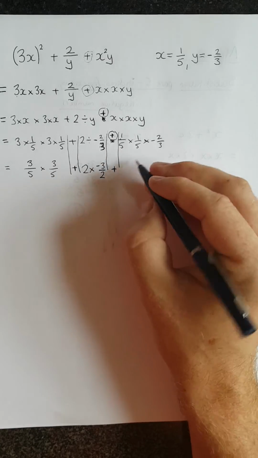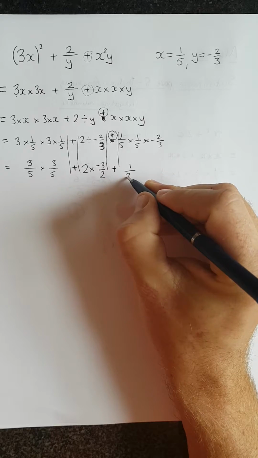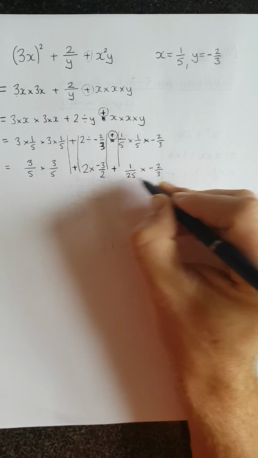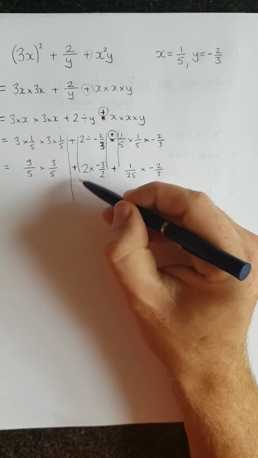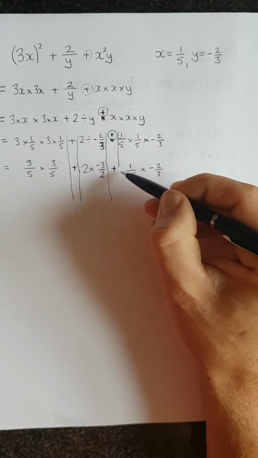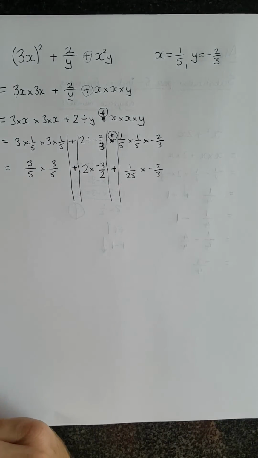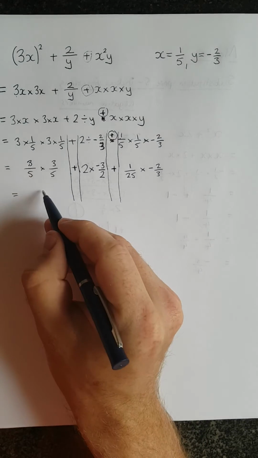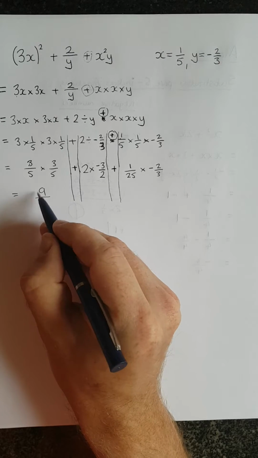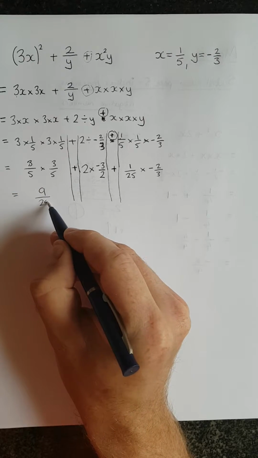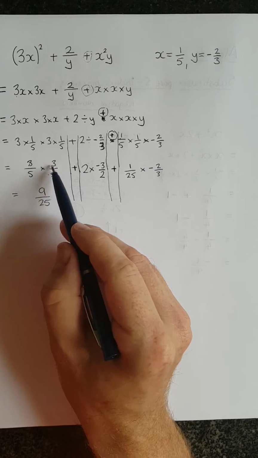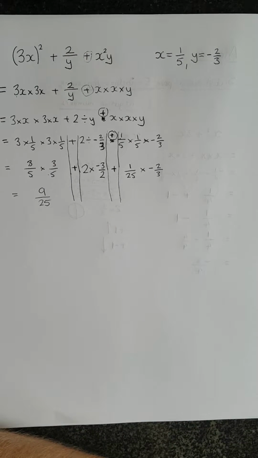One-fifth times one-fifth is 1 over 25, but I'm going to times by the minus 2/3 on the next step. There is no rush to do it in one go. 3 times 3 is 9, 5 times 5 is 25. There's no cross-cancelling there.